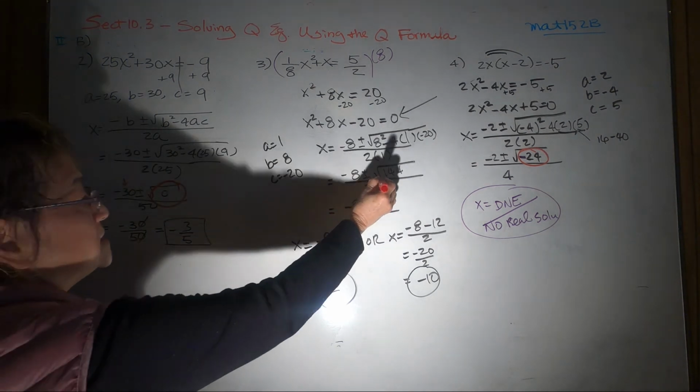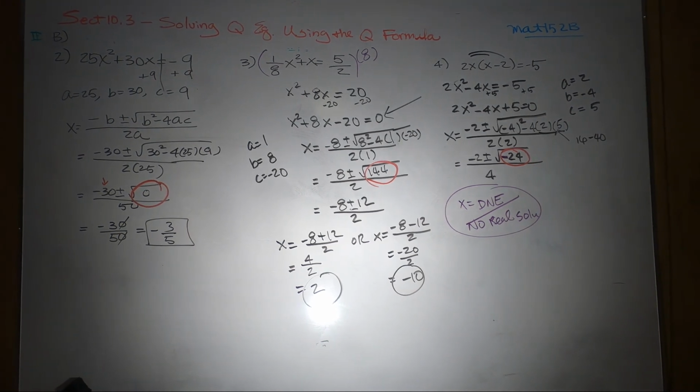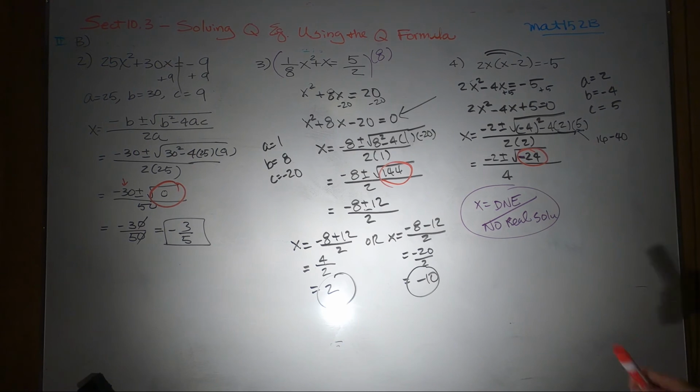If the inside has a positive number, then you have a square root and two answers, right? Or if the inside has a negative number, what will you end up with? You have no real solutions, right?